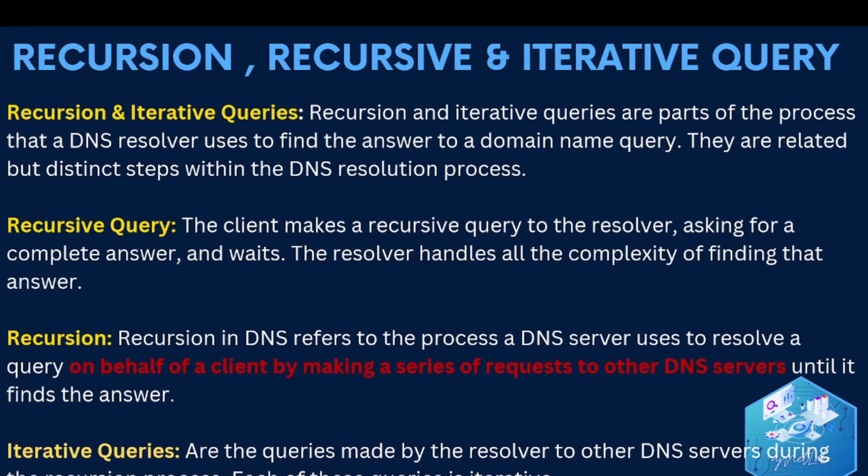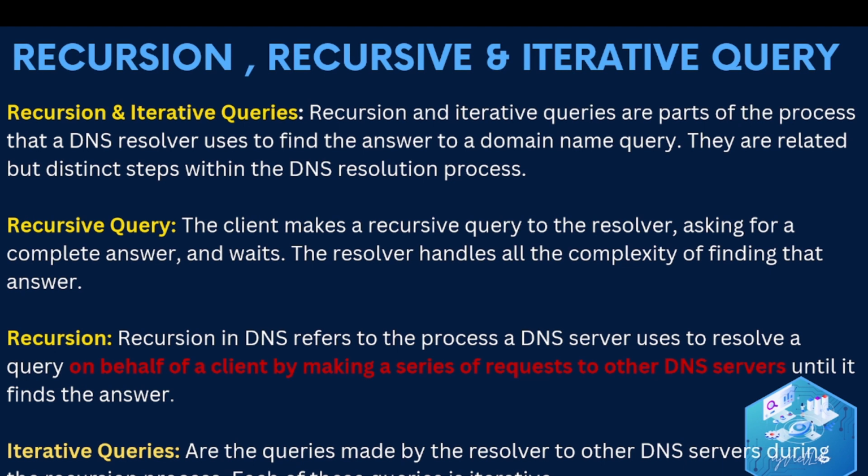Hope it's clear. Now we have to see recursive and iterative queries. Recursion and iterative queries are basically part of the same process. They are used when a DNS resolver tries to find the answer to a domain name query. They are related, but they are distinct. How are they related?